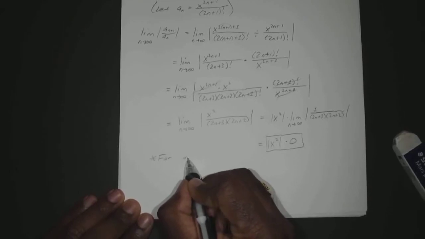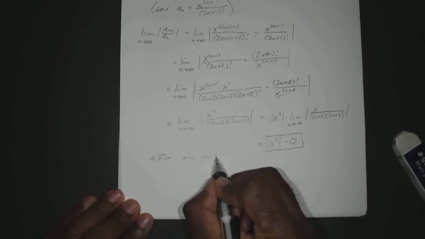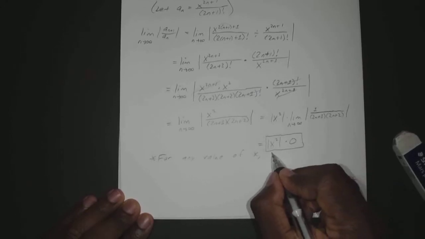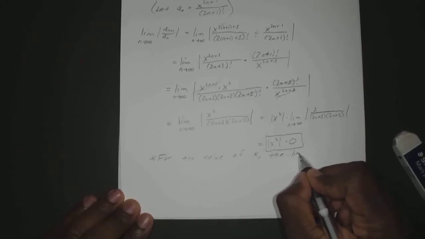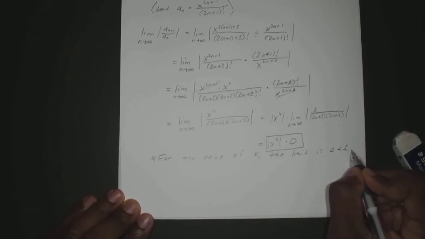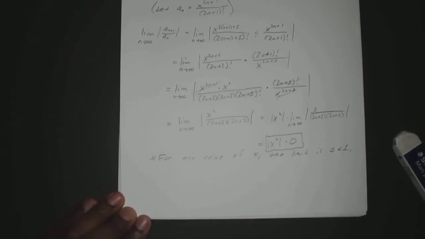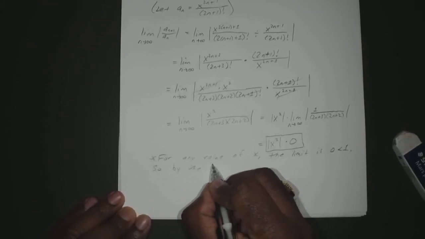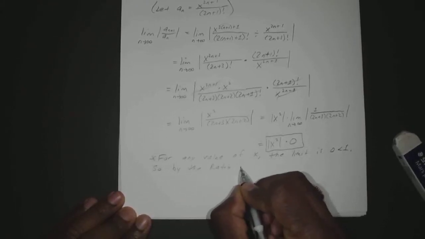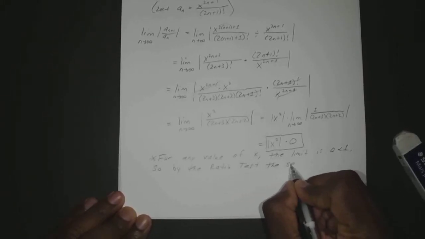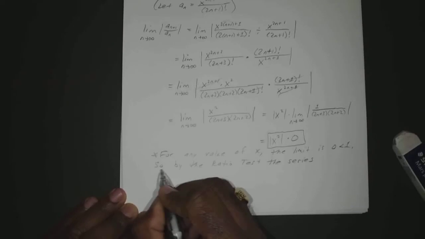Okay, so for any value of x, the limit is 0, which is less than 1. So by the ratio test, the series converges for every x.